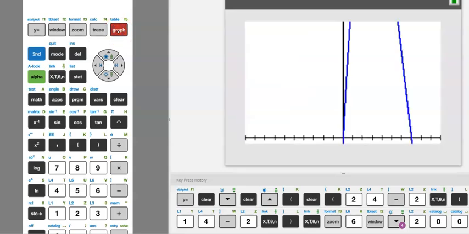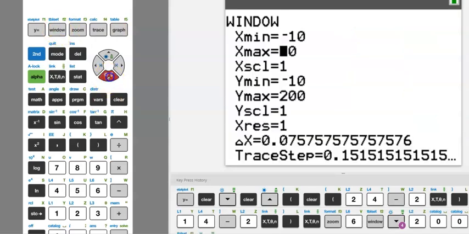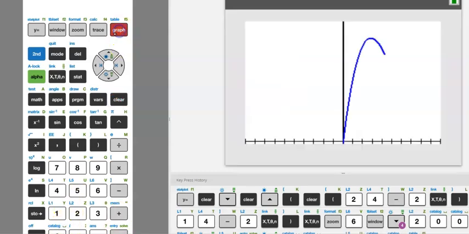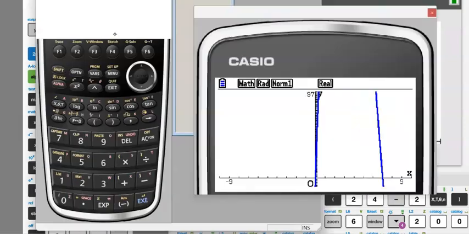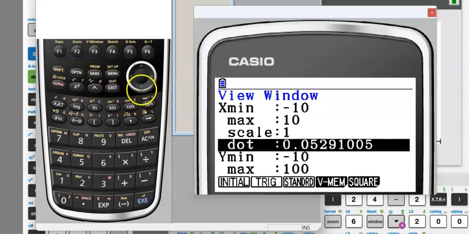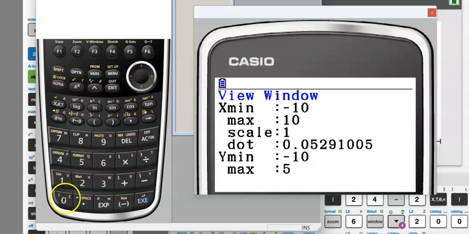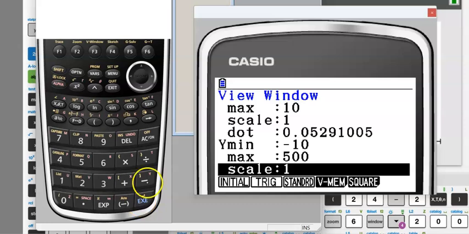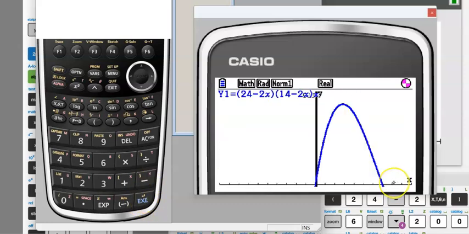That's still not high enough. So then I'm going to go window, and maybe I'll try 500. And that's high enough. So on the Casio, I'm going to change that. I'll go shift window, change that to 500, and then I'll draw that, and I can see the maximum.